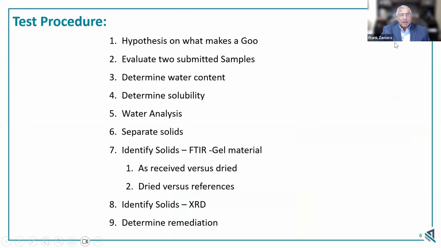So I kind of put the test procedure here on what makes this thing up. We're going to evaluate two very basic samples that have come in here that came from the same well. And I think it's important to just go step by step and evaluate what are the steps in getting this done so that we can identify what the composition of the gummy bear is.